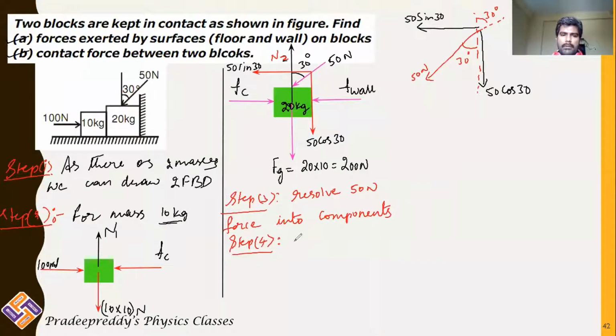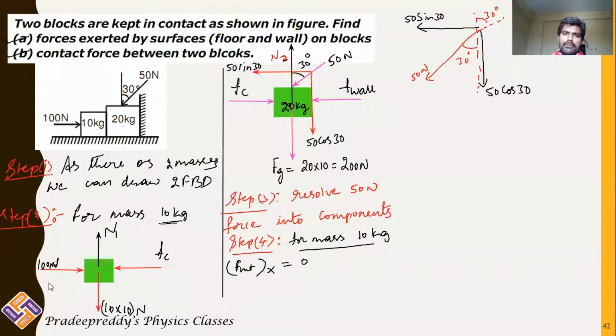Now let us take for mass 1. For mass 10 kg, F net along x-axis is equal to 0. Observe carefully, first figure you see. Along x-axis, what are the forces acting over there? One is contact force and the other one is 100 Newton.